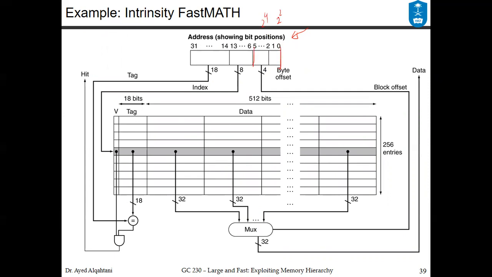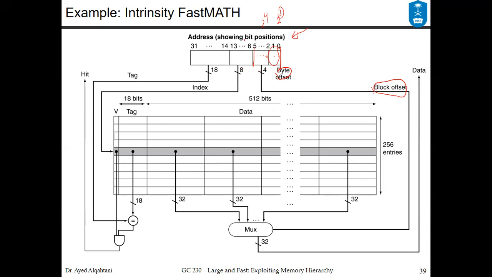Here we need 2 bits, and this is the 2 bits. And here we need 4 bits. Both of them together we call the offset. But this one specifically, we will call the byte offset. And these 4 bits, we will call the block offset.